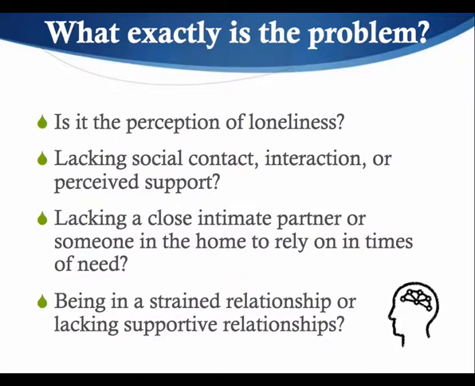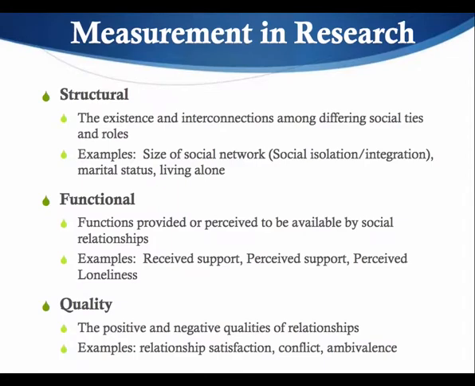Maybe it's having strained relationships. But I hope you can see that even by this incomplete list that there are a variety of ways in which this might be an issue, and that having a lack of clear definition may be a potential barrier to really addressing the problem.